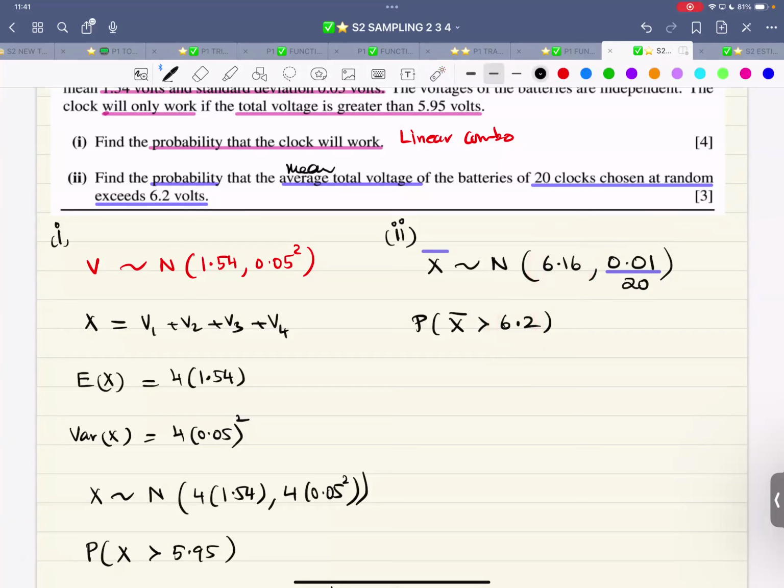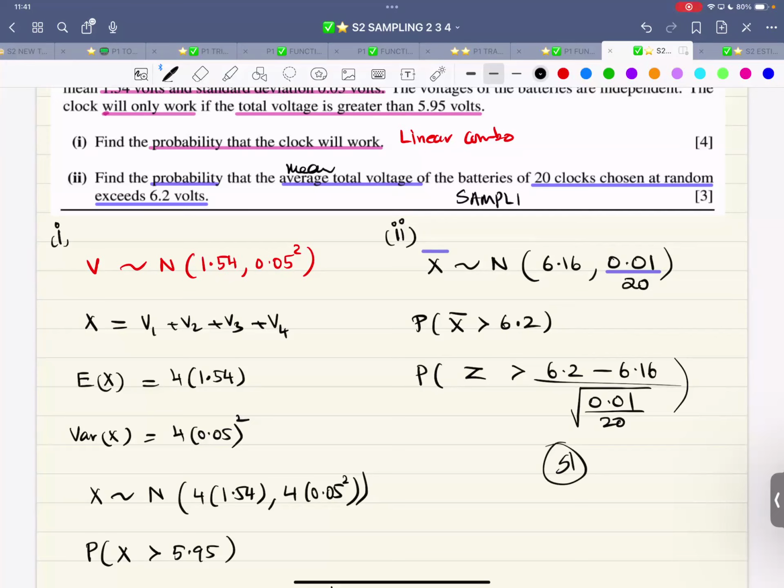So now we say probability Z is greater than (6.2 − 6.16) divided by the square root of 0.01 divided by 20, and then knowledge of S1 is assumed, and you will find the probability. So a single question in which the concepts of both linear combination and sampling were asked. First part was linear combination. The second part was sampling.